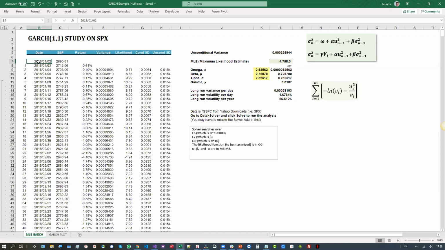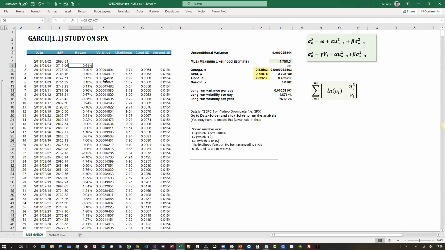This is the SPX from early 2018. This is very simple. This is price. This is the returns. I could have used the log returns here. It's generally slightly better because it's unbiased, but you can use just the normal daily return. And since I'm on this spreadsheet, you know that to resolve this equation, you will need to find those three parameters.